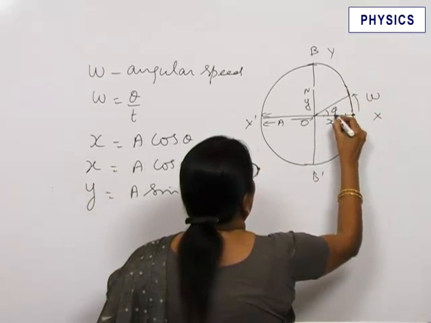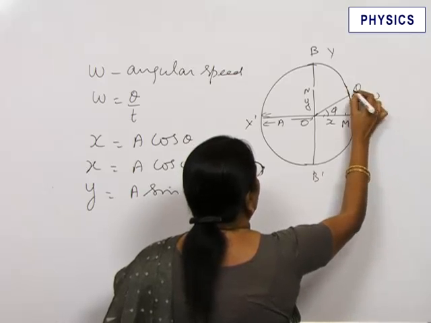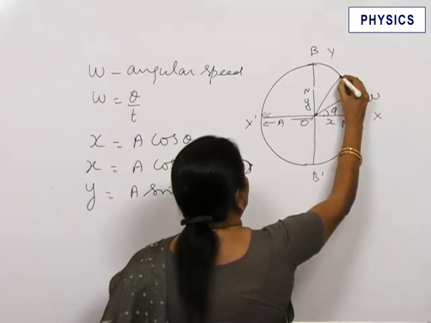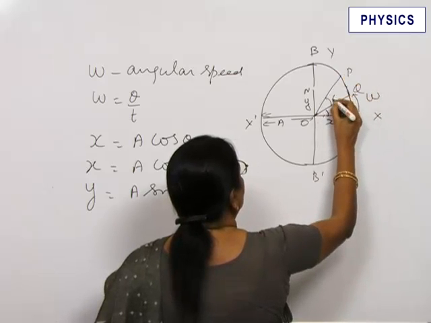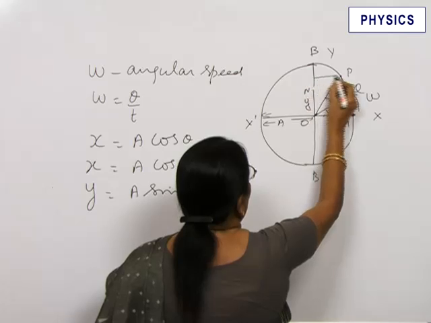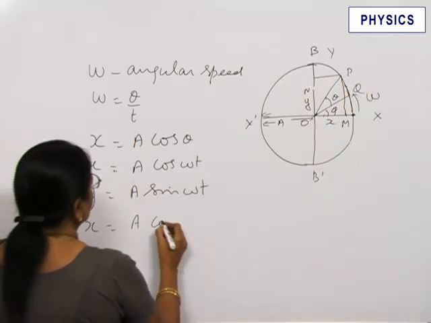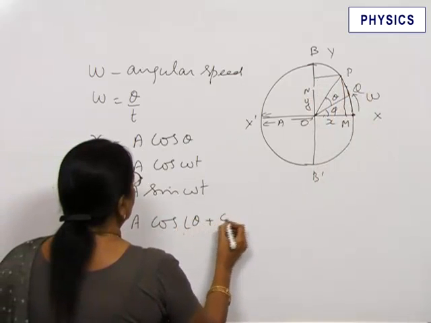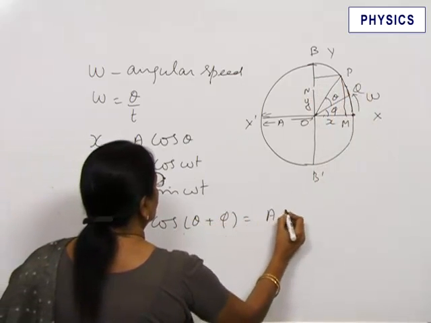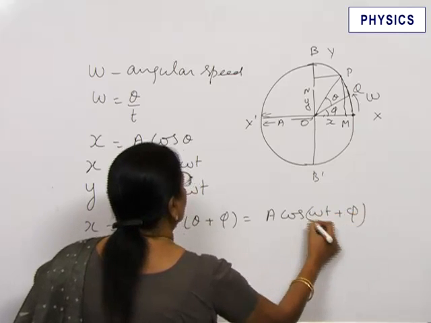Already this angle phi, the particle is at, say, this is q, starting from q, then it is going to p in time t, this is theta. Then if you draw the two perpendiculars, x will become A cos(theta plus phi), which can be written as A cos(omega t plus phi).